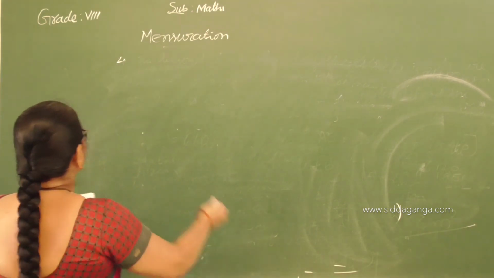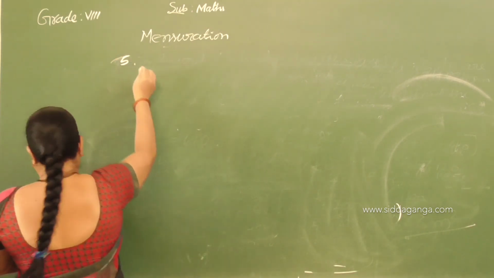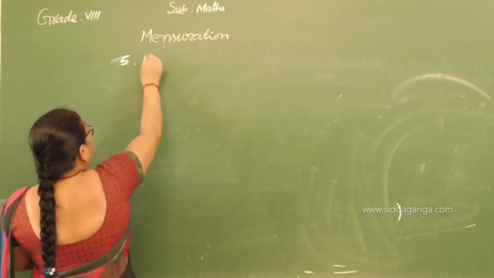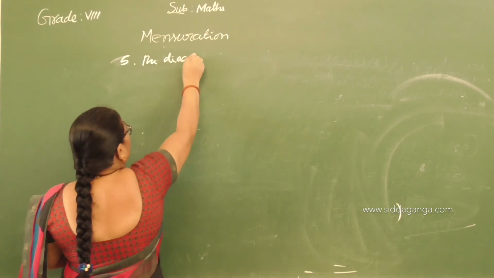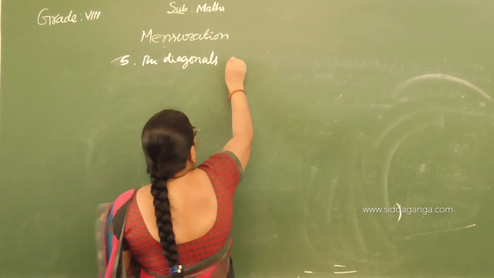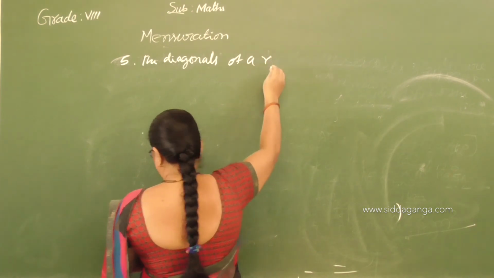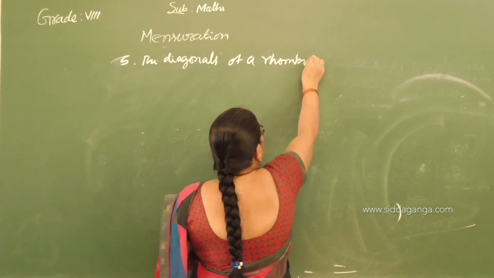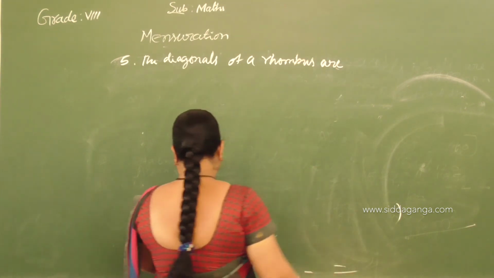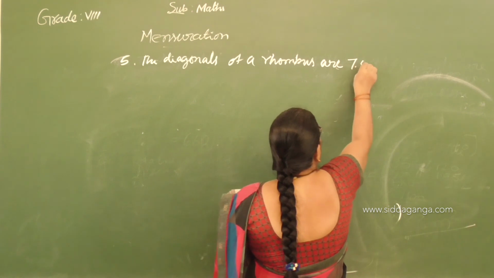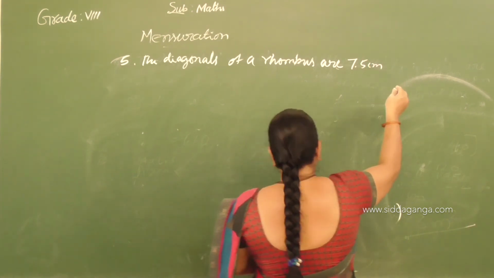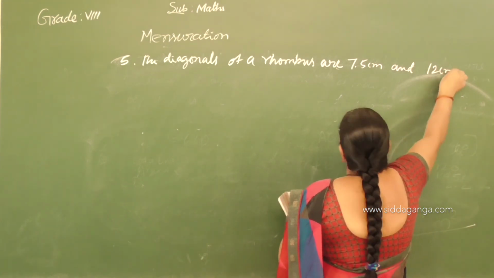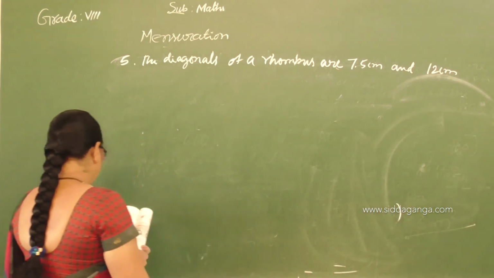Next one, fifth one. The diagonals of a rhombus are 7.5 centimeter and 12 centimeter.